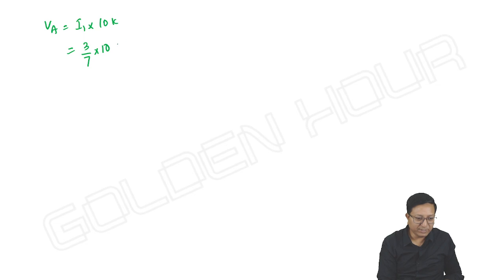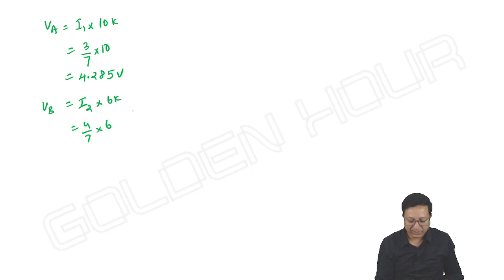It is equal to 4.285 volts. And VB is equal to I2 into 6K. It is 4 by 7 milli into 6K. Milli and kilo cancel. It's 24 by 7. 24 by 7 means it is 3.428, sorry, 3.428 volts. VA, VB in volts.